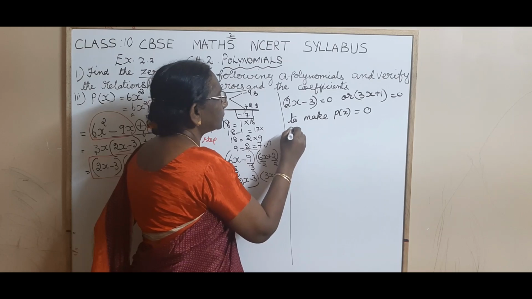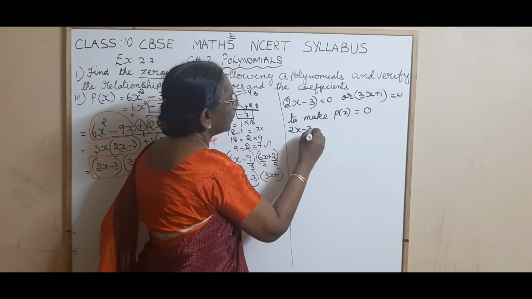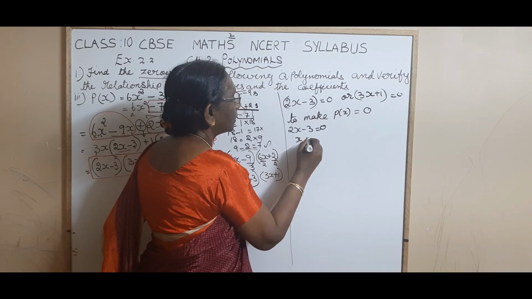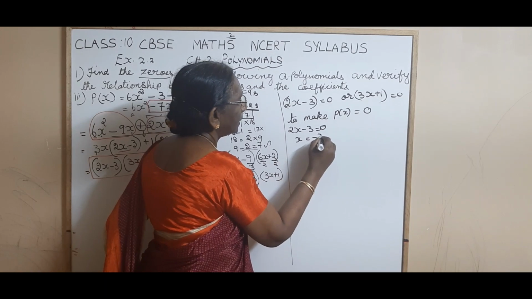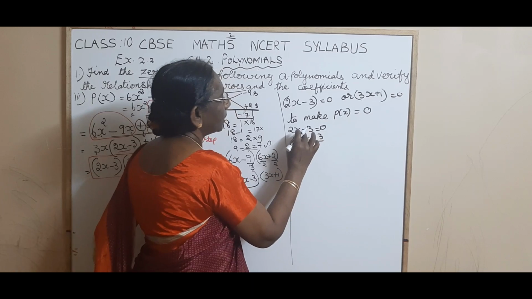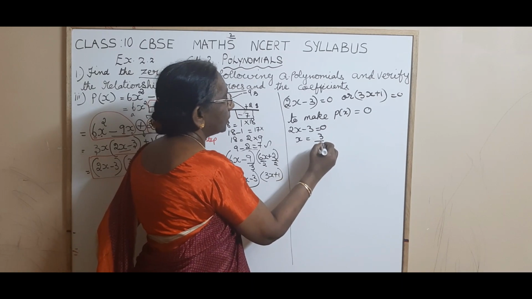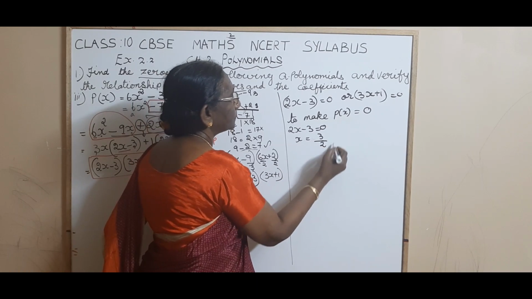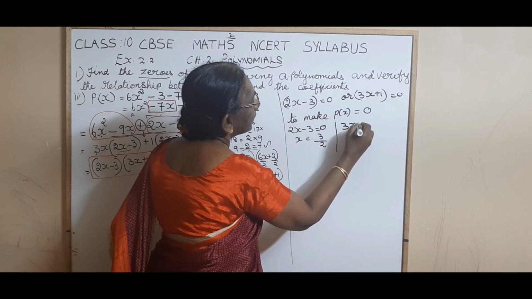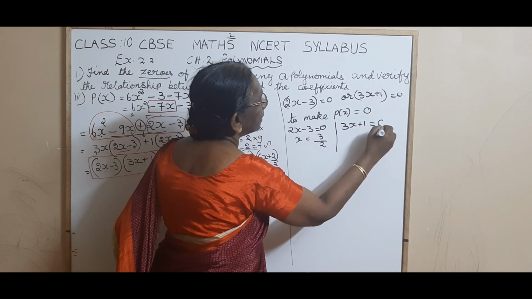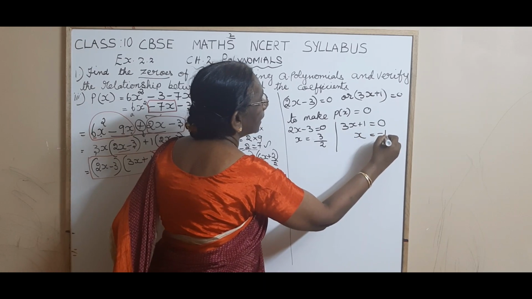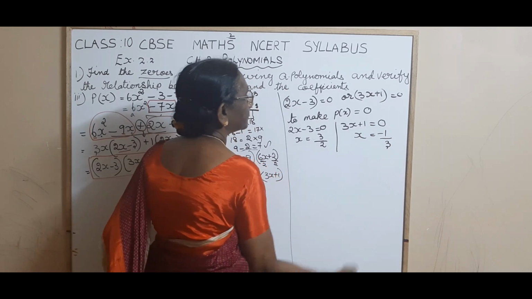So if 2x minus 3 is 0, what will you have? x is equal to minus 3 by 2. What minus? Plus 3. When you bring minus 3 to the other side, it will be plus 3 by 2. When 3x plus 1 is equal to 0, x will be equal to, when you bring this here, minus 1 divided by 3.